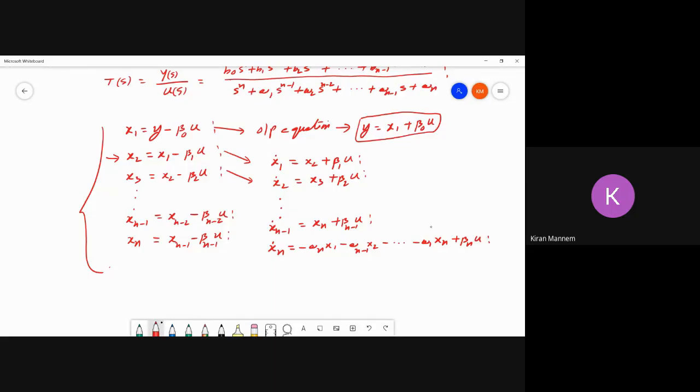So this is my time domain equation, the last one. Okay. Now, what is beta? Beta naught, beta 1, beta 2, right?